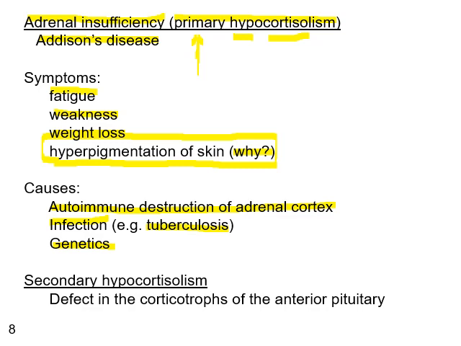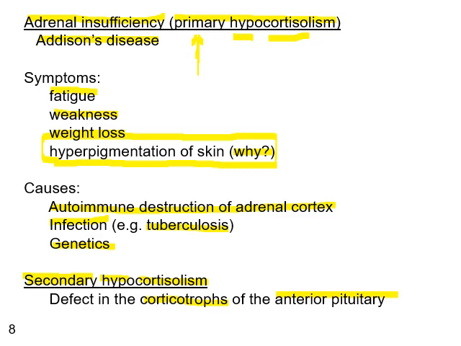There is a syndrome also known as secondary hypocortisolism. So hypo, low blood cortisol, hypocortisolism, but it's secondary if the defect is not in the adrenal gland, but in the corticotrophs of the anterior pituitary. That would be secondary hypocortisolism.